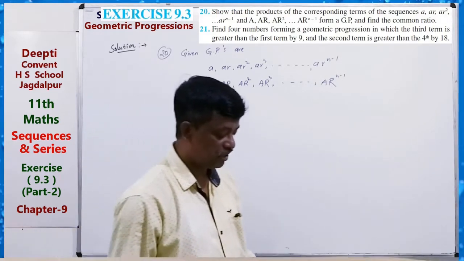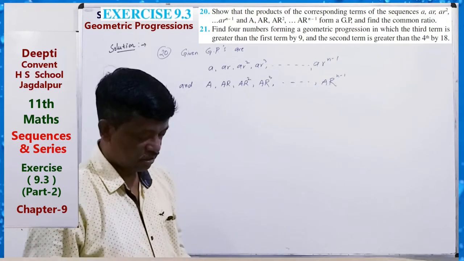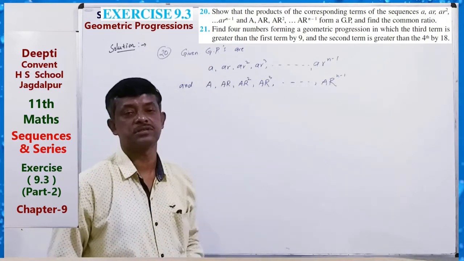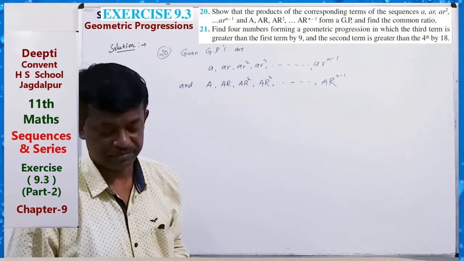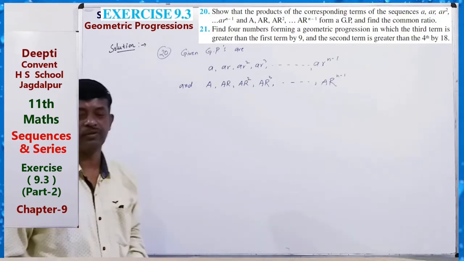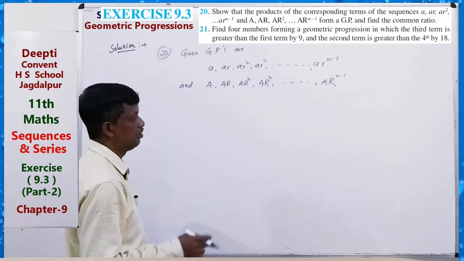We have to prove that the product of their corresponding terms again forms a GP, and find its common ratio.